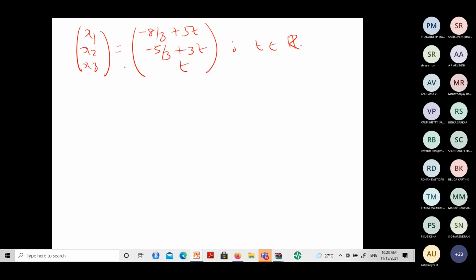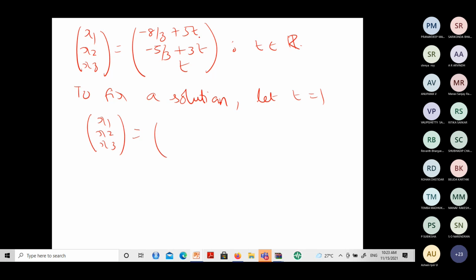To find a particular solution, if you want, you can fix some value for t. Infinitely many solutions are there. To fix a solution, let t is equal to 1. So what happens? x1, x2, x3 becomes 5 minus 8 by 3, 3 minus 5 by 3, then 1.